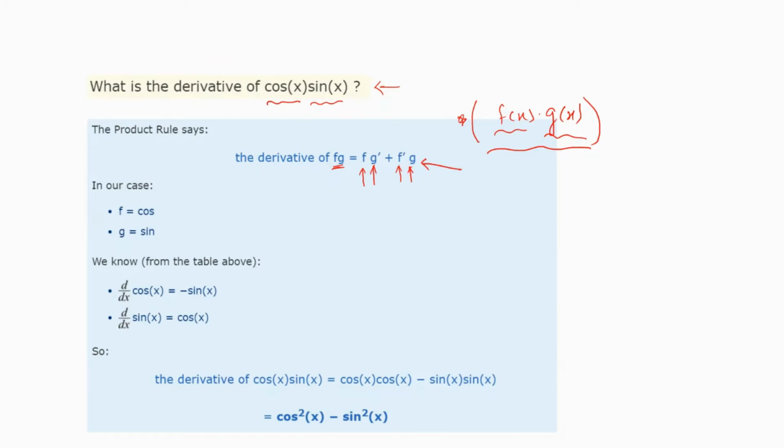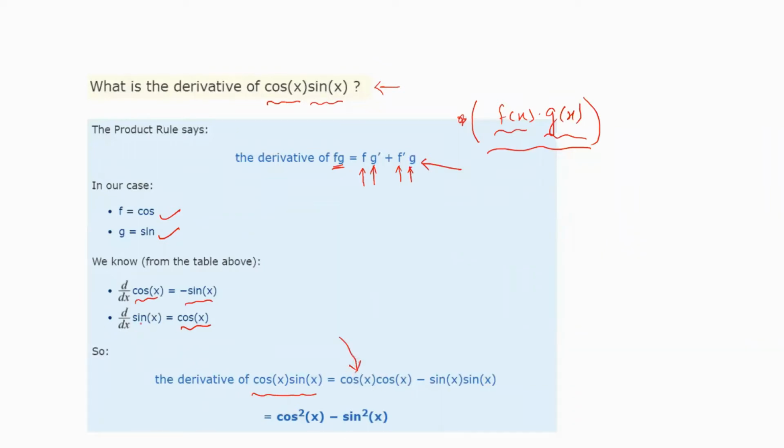Is it fine? So here f is given as a function in cos and g is given as a function in sine. What will be the differentiation of f(x), cos x? It will be minus sin x. What will be the differentiation of the second one, sin x? It will be cos x. So we have to find the derivative of cos x into sin x. How will you find it? Cos x, the first term we will keep as constant, and find the differentiation of the second term g(x).